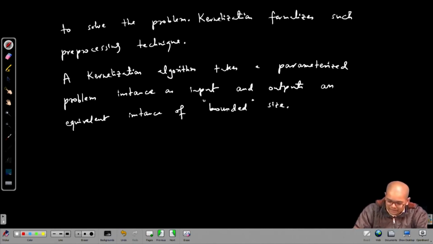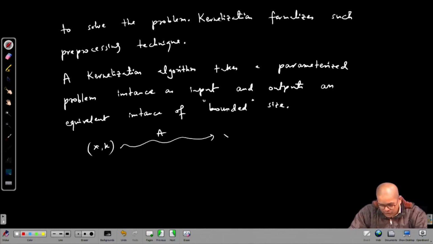What do I mean by that? Suppose there is an instance x, k is the parameter, and the parameterized algorithm takes x, k, this is the algorithm A, and outputs an equivalent instance. That means this new instance, the output instance, is a yes instance if and only if the input instance is a yes instance, and the size is bounded by some function of the parameter alone.